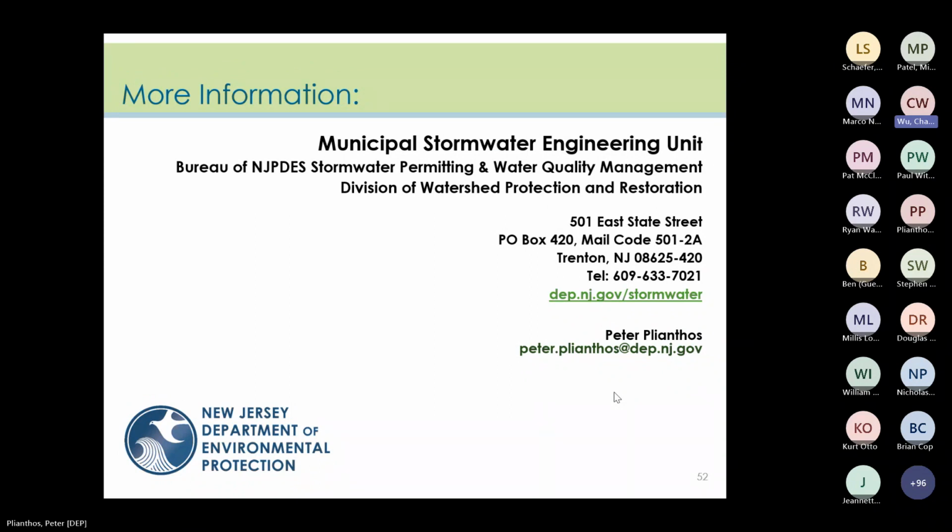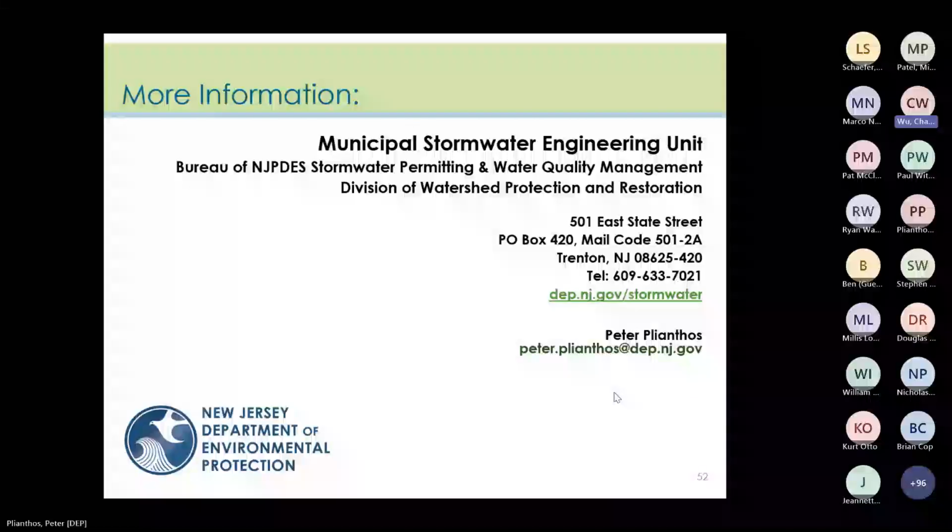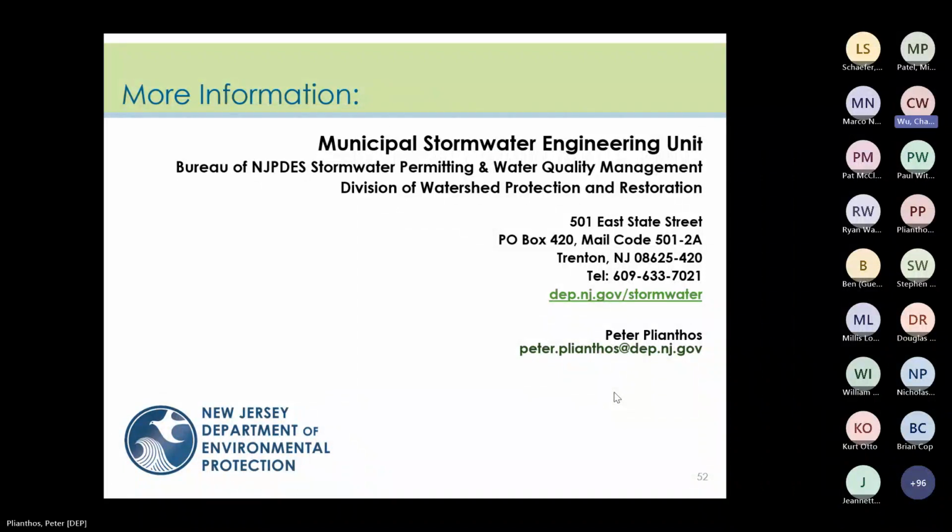So if you need to get a variance from the stormwater control ordinance, you have to go to your municipality. But for the land use permit, there's no mechanism now to grant variance or waiver from the GI standard.